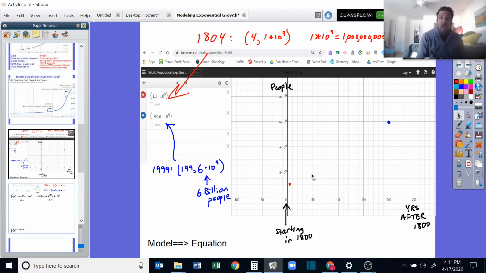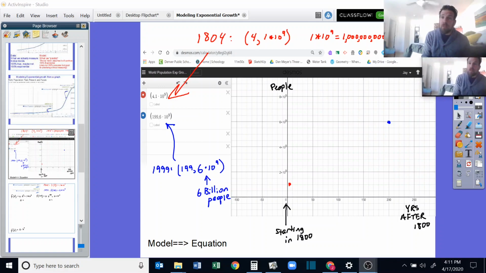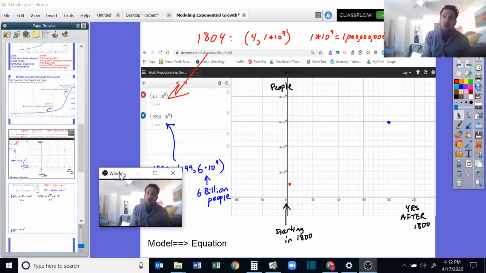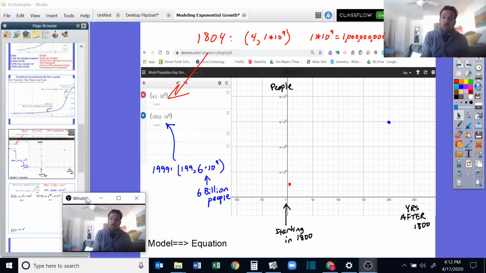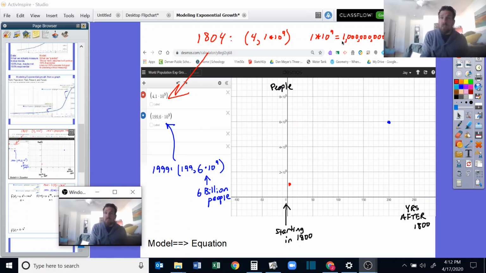First thing that I did, I went into Desmos and I said, well, I'm going to put in those points. So in 1804, the world population was 1 billion. Now I want to show you this, and my picture's kind of covering it up here. 1 billion is this number, 1 with 9 zeros.